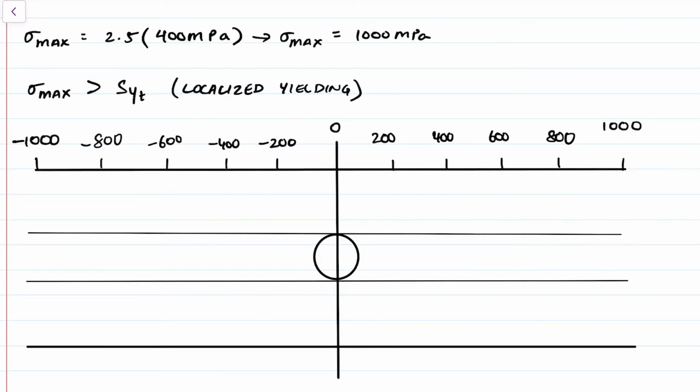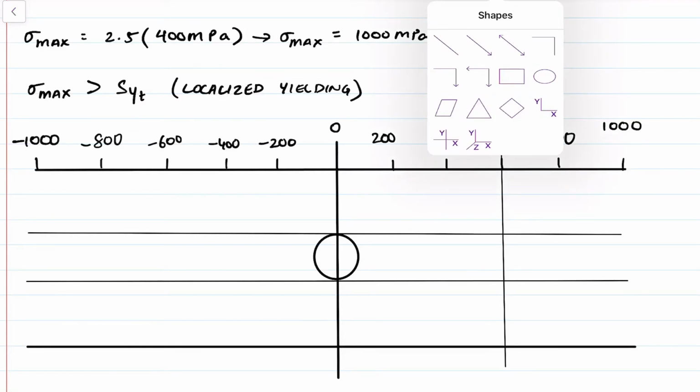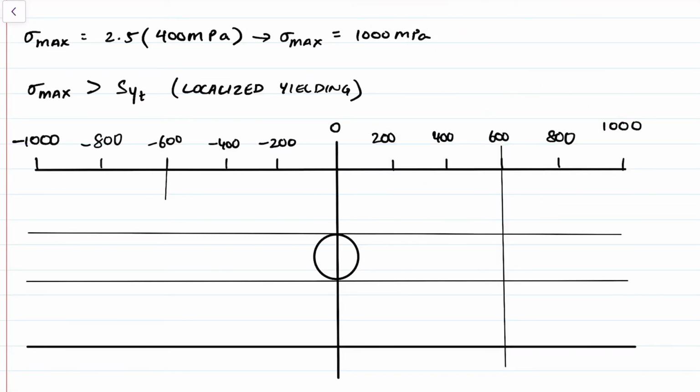And we have a maximum stress, or the yield strength, as 600 and negative 600. And I think that's all the reference lines we need for this problem.